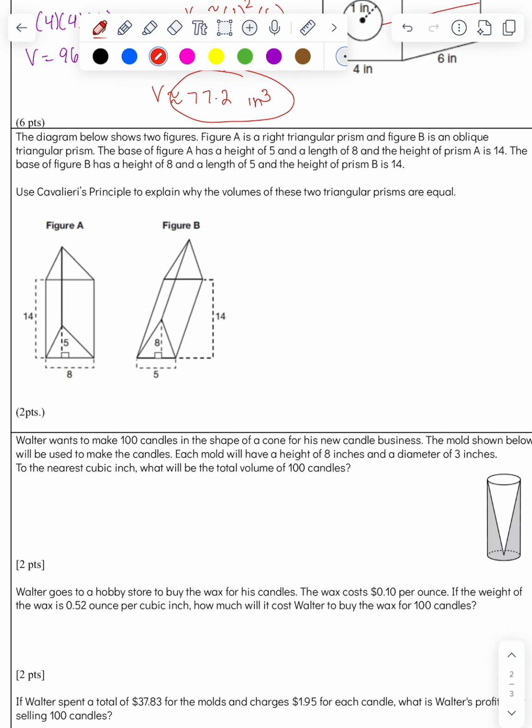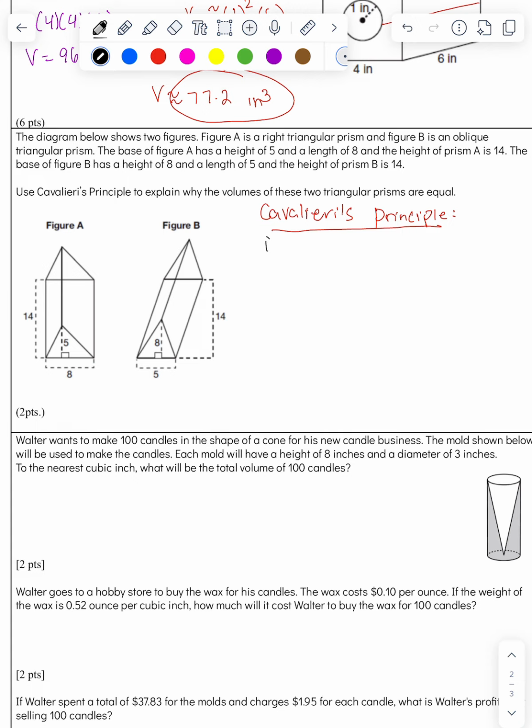The next question is asking you to use Cavalieri's principle to explain why the two solids have equal volumes. So Cavalieri's principle is a two-part principle. I'm going to write it down over here. Cavalieri's principle. So I'm just going to write down what it states.